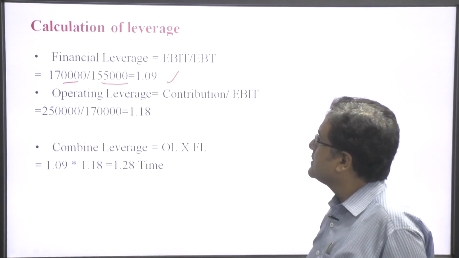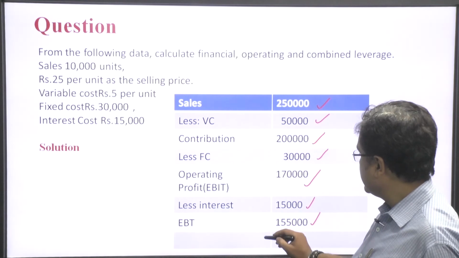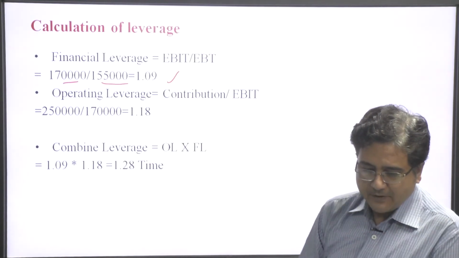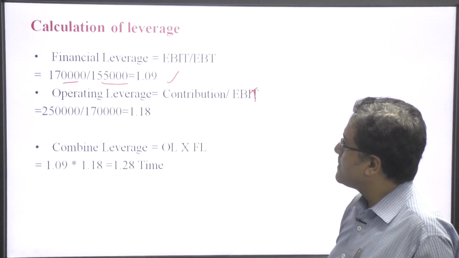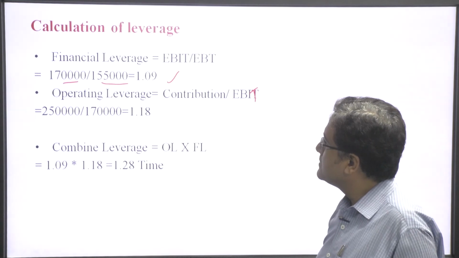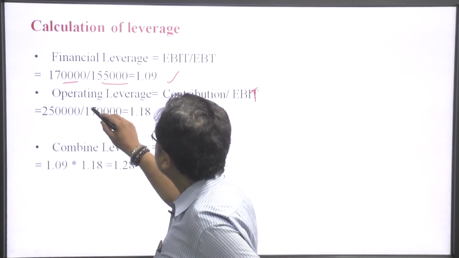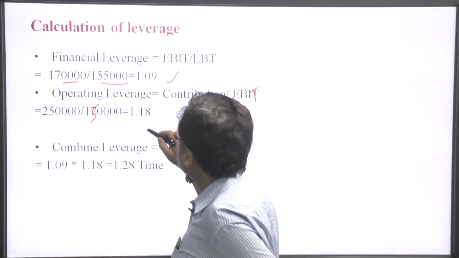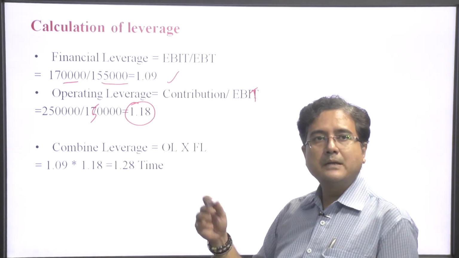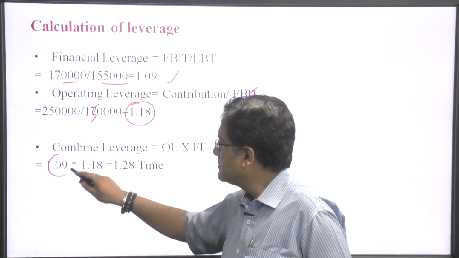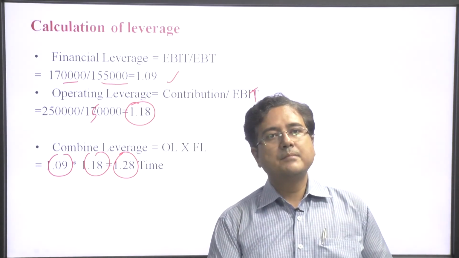This is EBIT and this is EBT. Operating leverage is C upon EBT, I am sorry, C upon EBIT. This is operating leverage, and when we multiply both of them, we get the combined leverage.